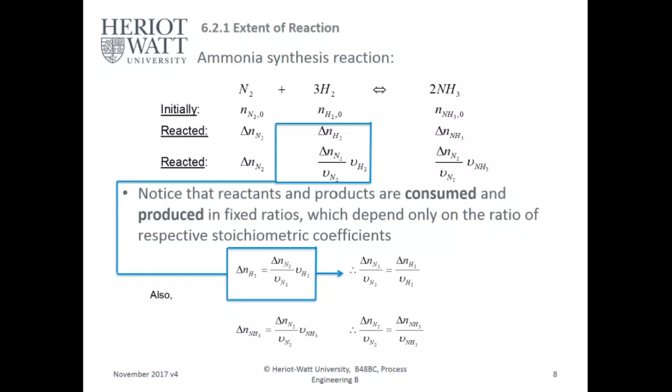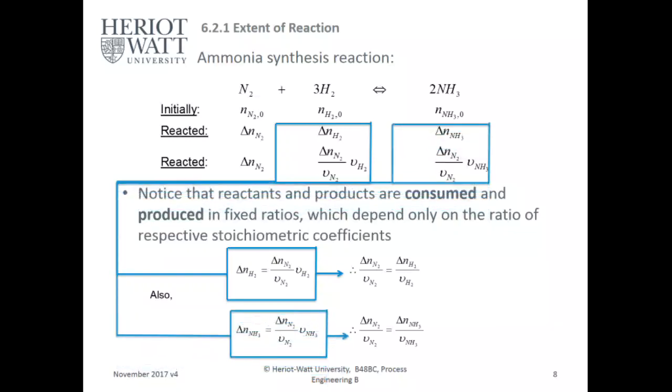So it always sums to 1. It's a stoichiometric balance. And the same applies to delta N NH3. So all the reactant amounts have been expressed in terms of delta N N2, so the amount of N2 being converted.